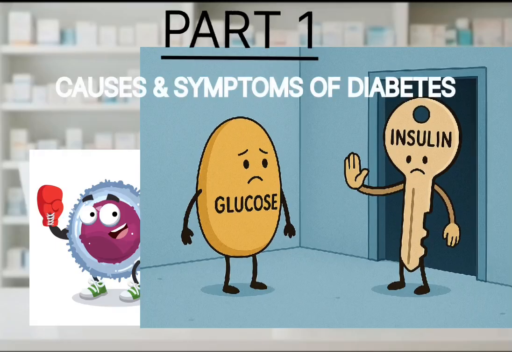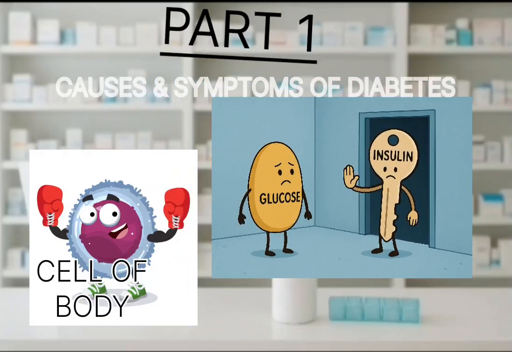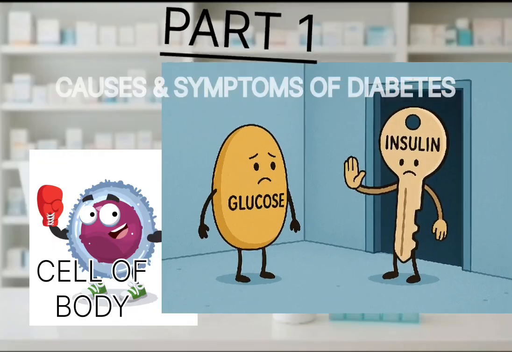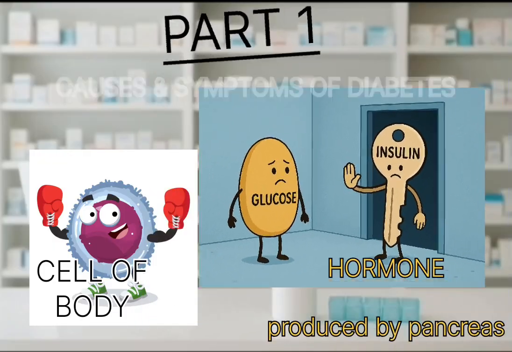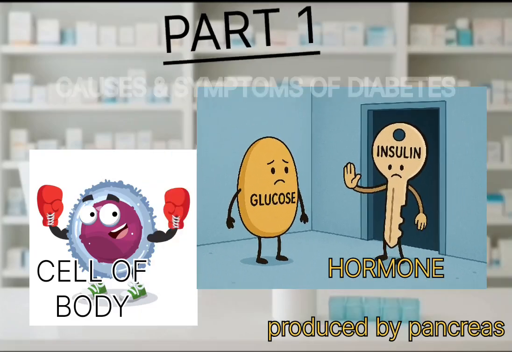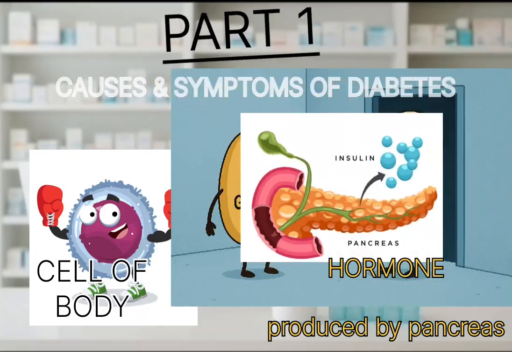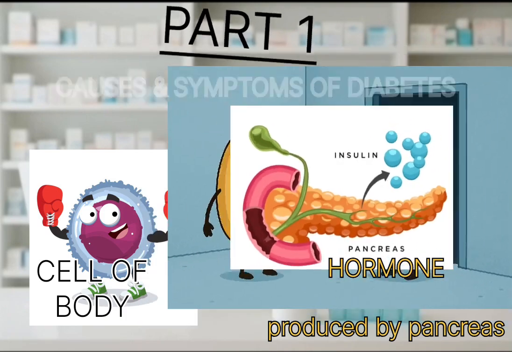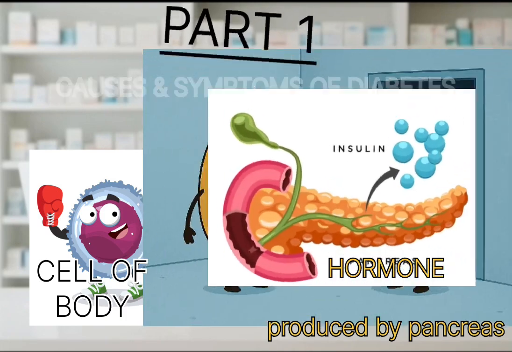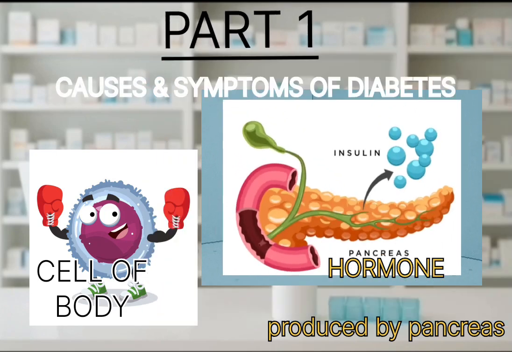So let's understand it one by one. Cell is our body cell, and insulin is a hormone. Guys, insulin is a hormone which is produced by our body's organ called the pancreas. The pancreas is an organ in our body near the intestine which produces insulin, and this insulin is responsible for opening the lock.